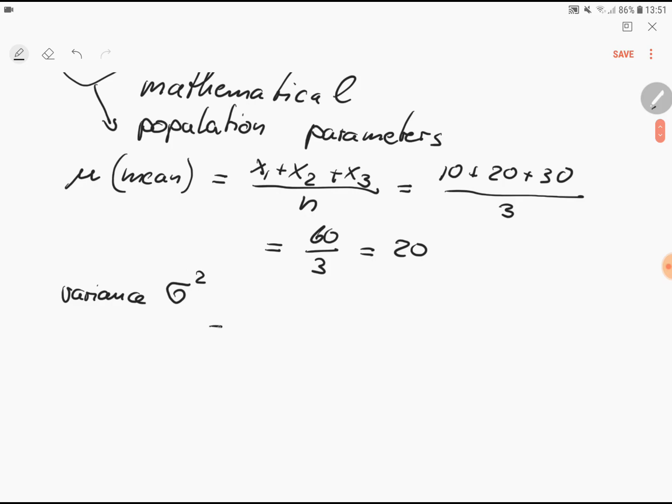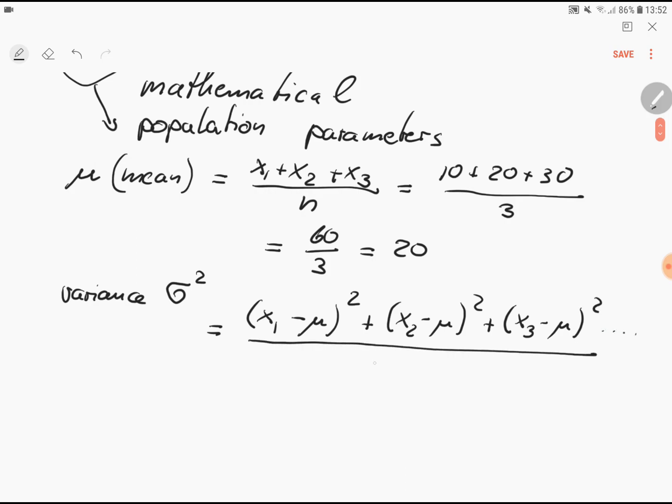The equation for population variance is: we take our first data point, subtract the mean that we just calculated and square it, plus the next data point minus the mean squared, plus x3 minus the mean squared, and so on and so forth, divided by n.